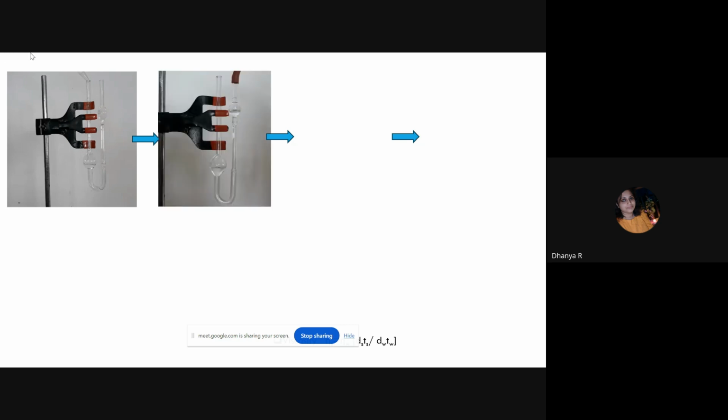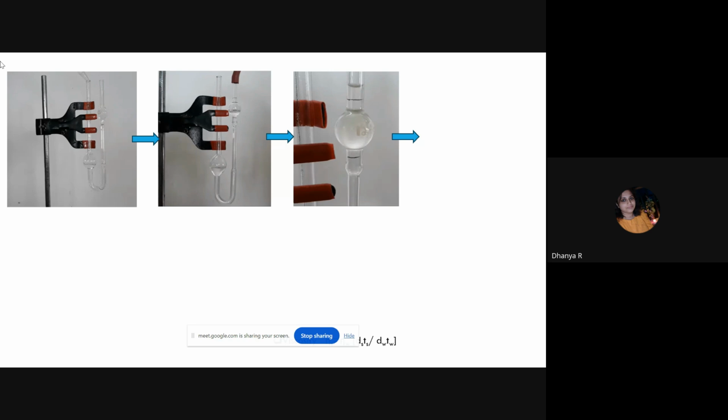Then the tube is connected to the right limb, and then it is sucked. The water or the sample is sucked above the mark A. You can see the mark A here. It should be sucked above this mark, and then it should be released.